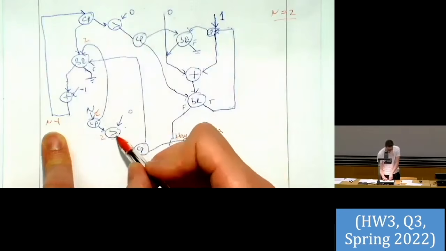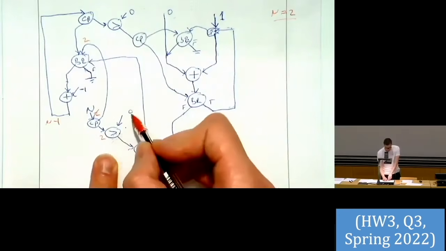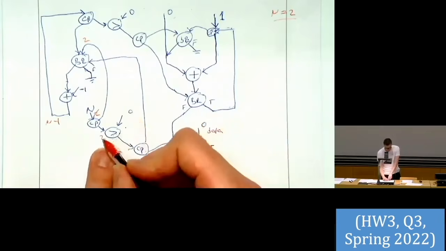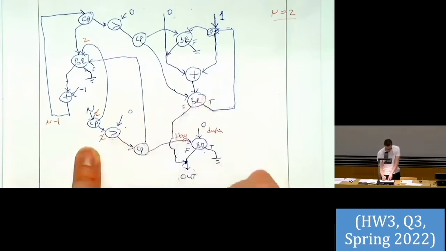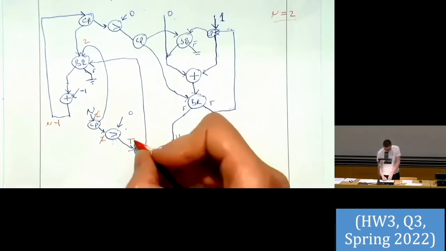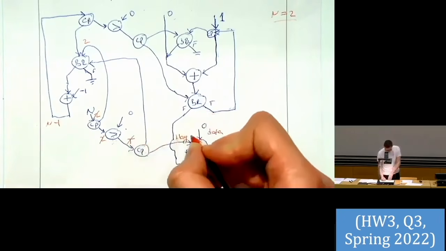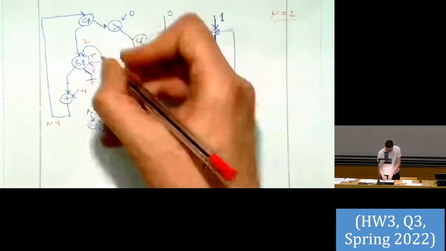And then this node is also ready to fire because it has all its inputs ready. So we have here streams of zeros, and then here we have 2. And then this node will consume this 2 and will generate true, right? Because 2 is greater than 0. And then this node is also ready to fire, and then we will copy true here, and then we will also copy true here.